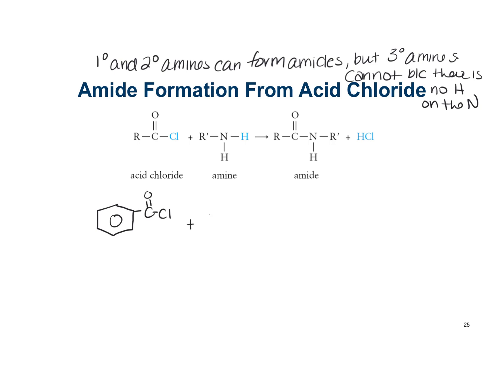So let's look at a primary amine. In a primary amine, we're going to notice that there are two hydrogens on that nitrogen, and it will undergo a reaction. And when we predict the products of this reaction, the amine switches places with the chloride.